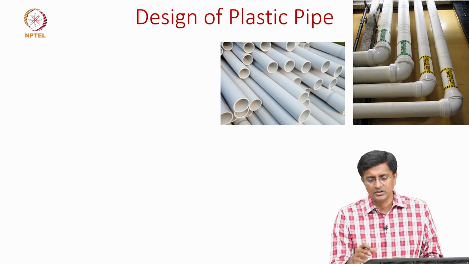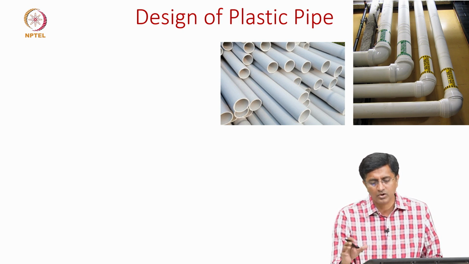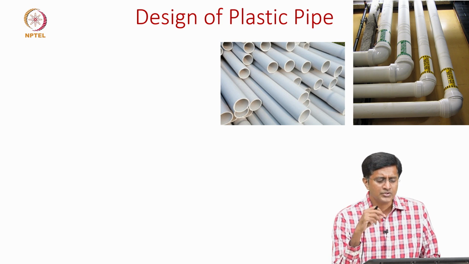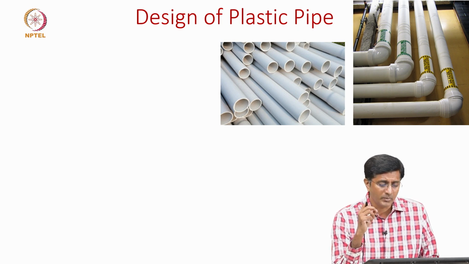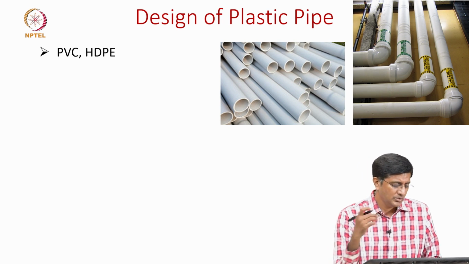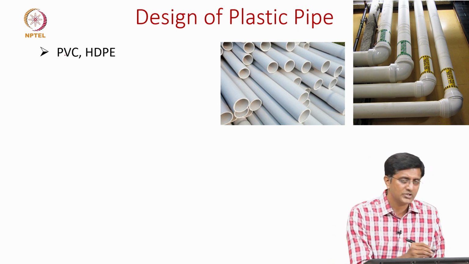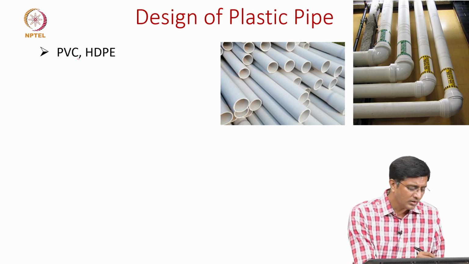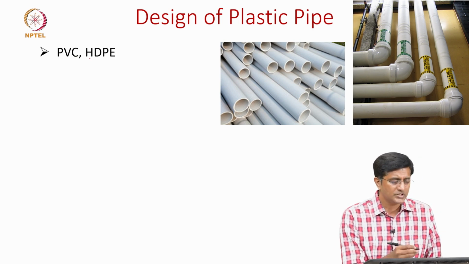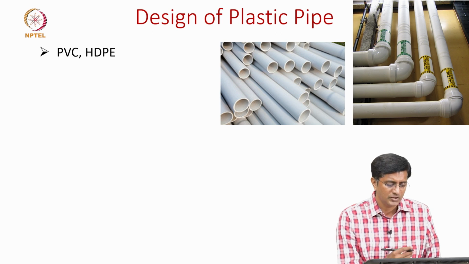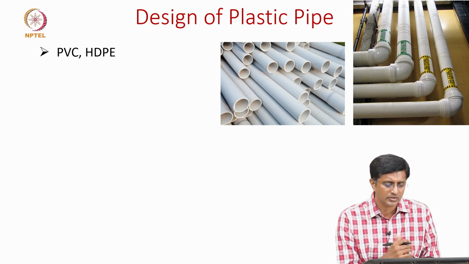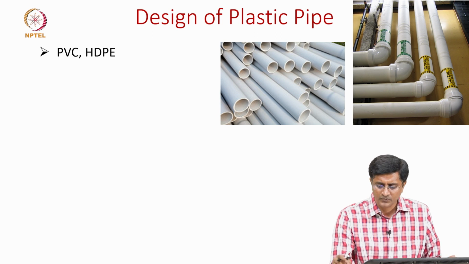And as you can see in this top right figure, they are also outside. So, now let us see what are the materials which are a good candidate for plastic pipes. So, usually they are made up of PVC, polyvinyl chloride, or HDPE, which is the high density polyethylene. These are the common materials they use for these plastic pipes.